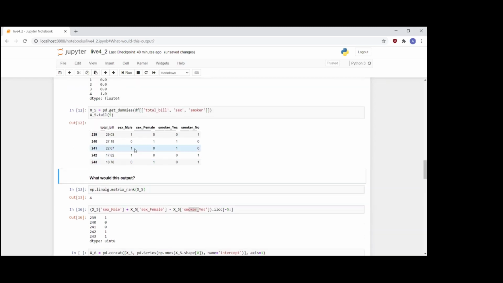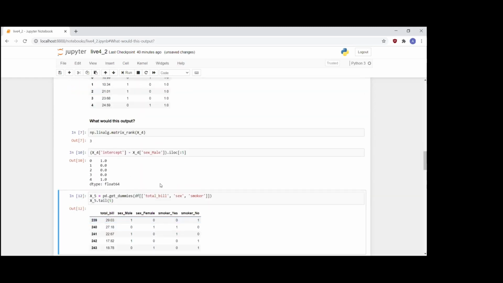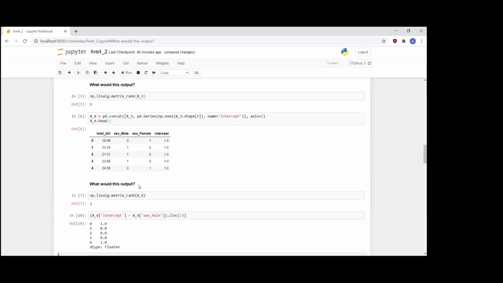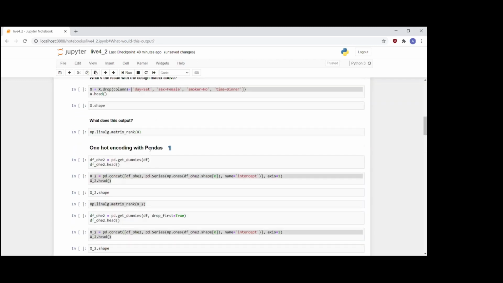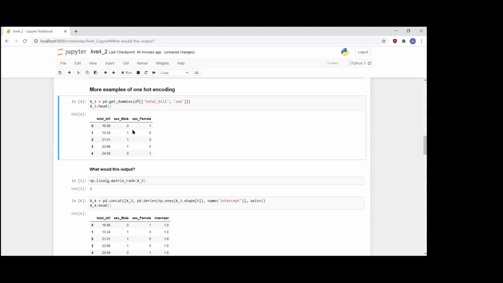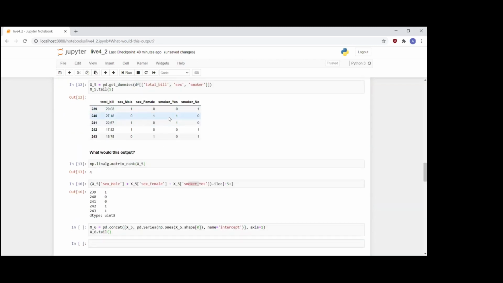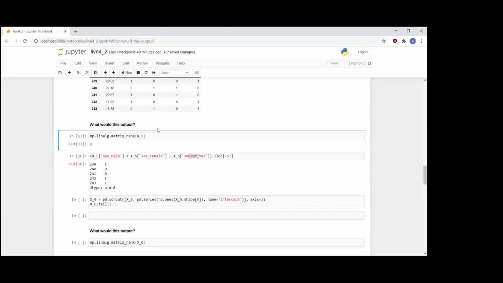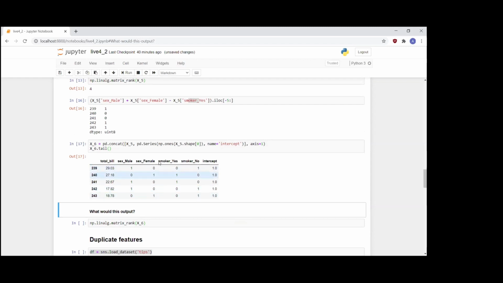This is different from the first example I went through, because you're one-hot encoding 2 features instead of 1 feature. And then I can also add an intercept column, but the intercept column is still redundant with these 4 features.